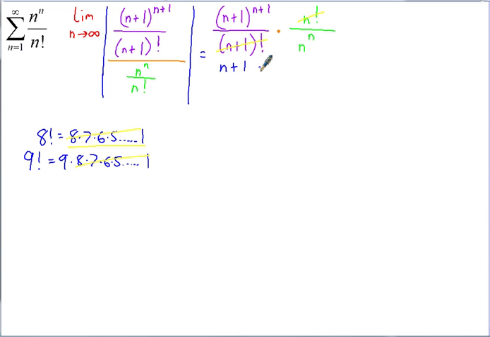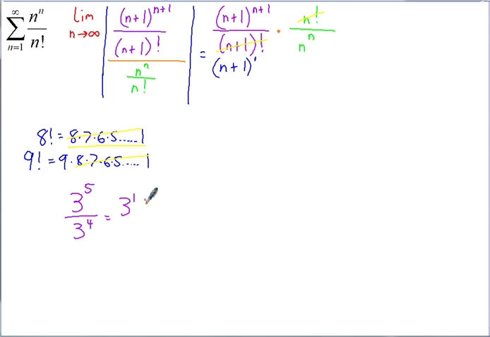And then once we have that, you notice we'll have n plus 1 to the n plus 1 divided by n plus 1. So this is like n plus 1 to the first power. And again, like we saw in the other one, you would just subtract the exponents. For instance, if you had, let's say, 3 to the 5th divided by 3 to the 4th, you would subtract the exponents. 5 minus 4 would give you 1.